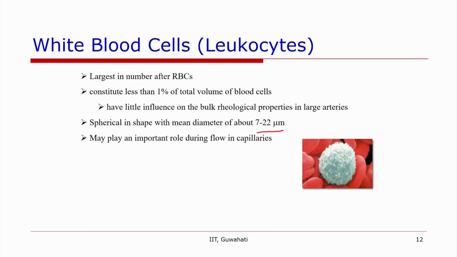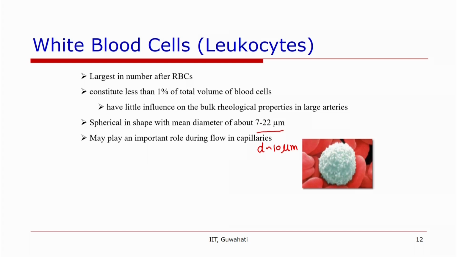In smaller channels, where the size of the channel is about the size of the capillary, or the size of the cell, that means the capillary size is about 10 micron. In these capillaries, the rheological behavior is determined by each blood cell that is passing through the channel.